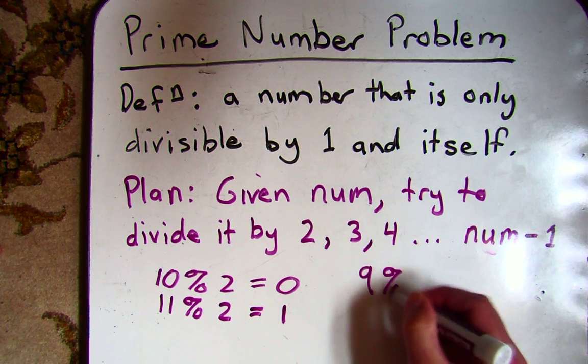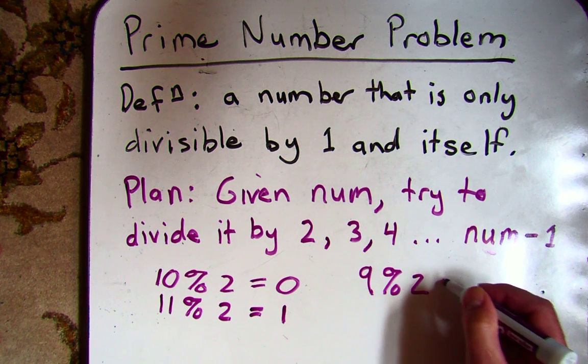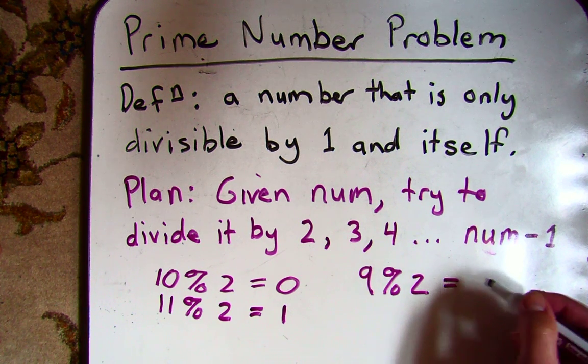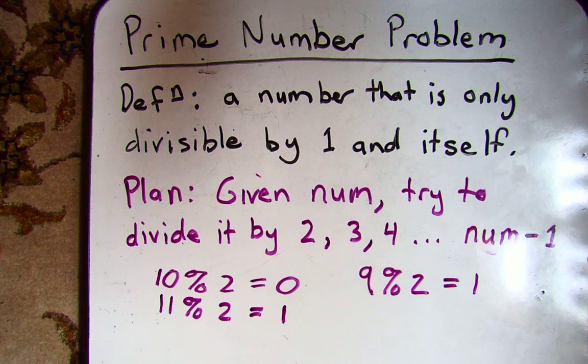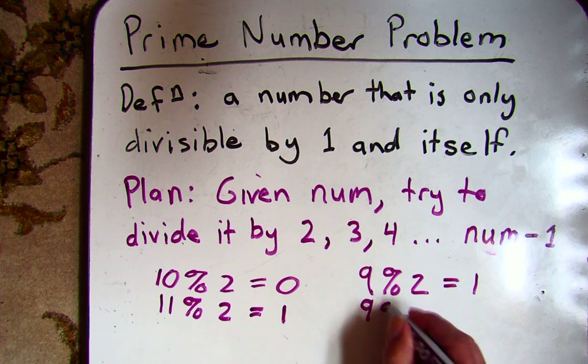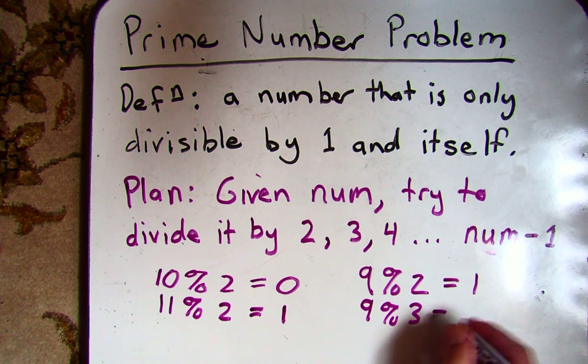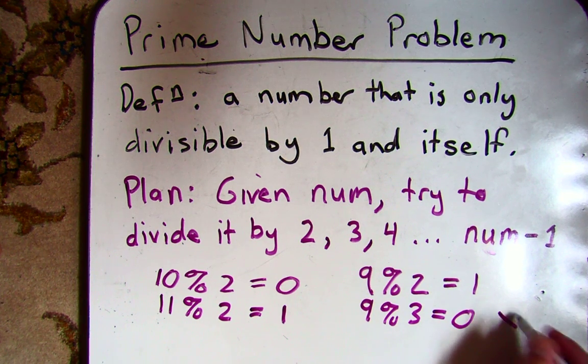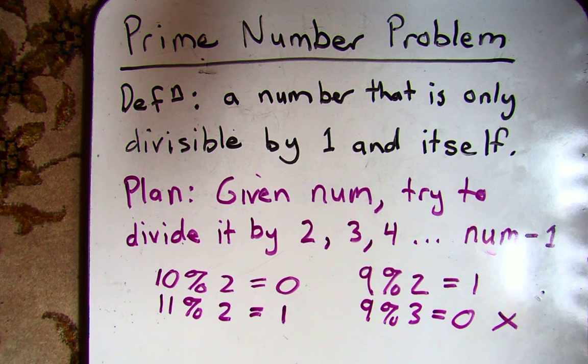If we say 9 mod 2, that has a remainder of 1, and we can't conclude it's prime. We know it's not prime, so we'd have to go again, 9 mod 3, and there we go, it's 0, so we know it's definitely not prime.